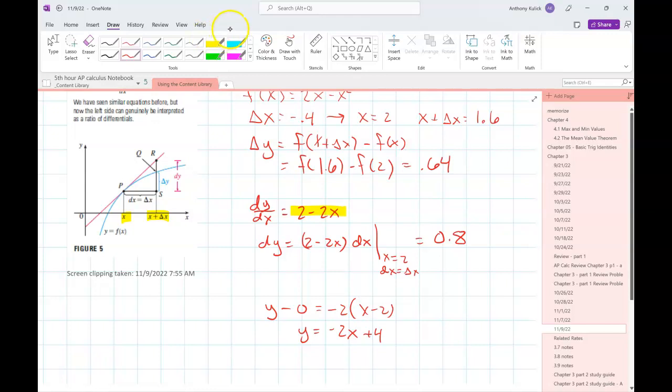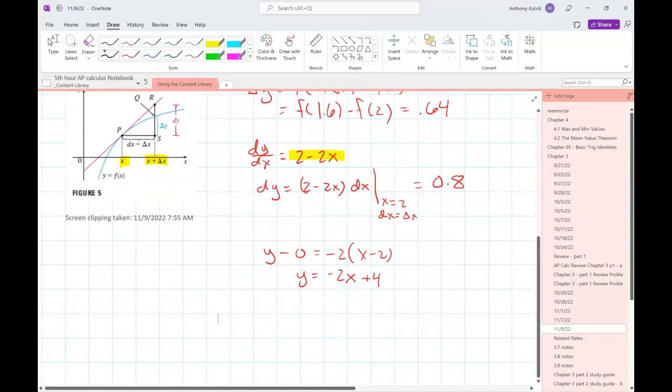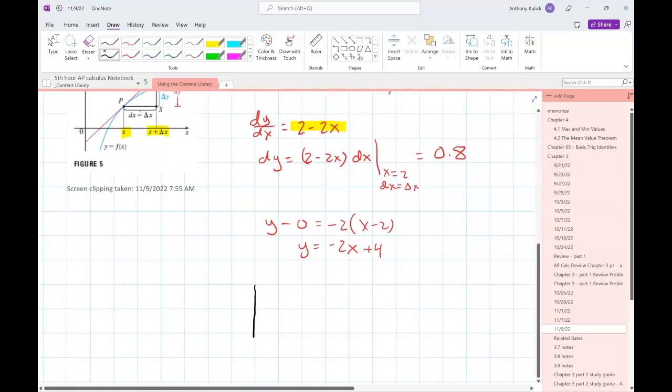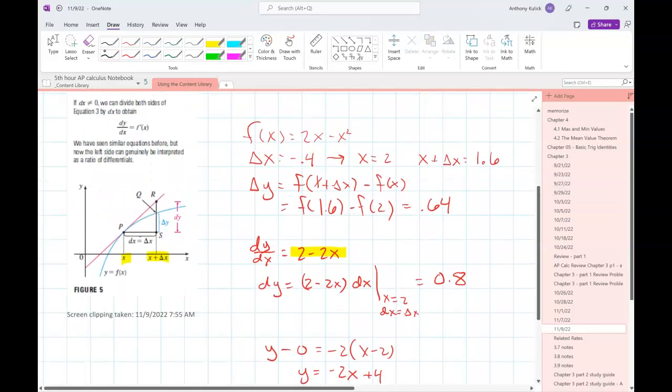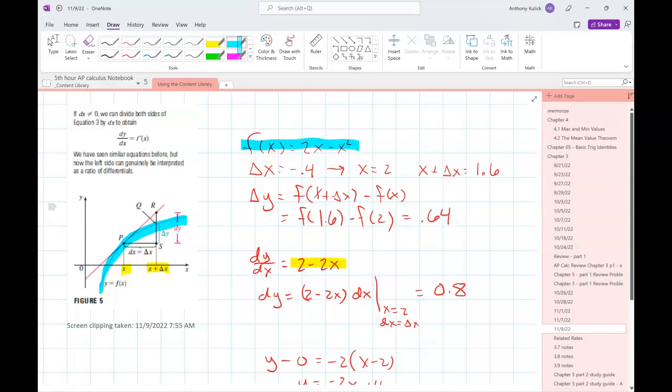Okay, so let's start building out my picture now. I'm going to start by graphing f of x, which is the blue line here in figure 5.